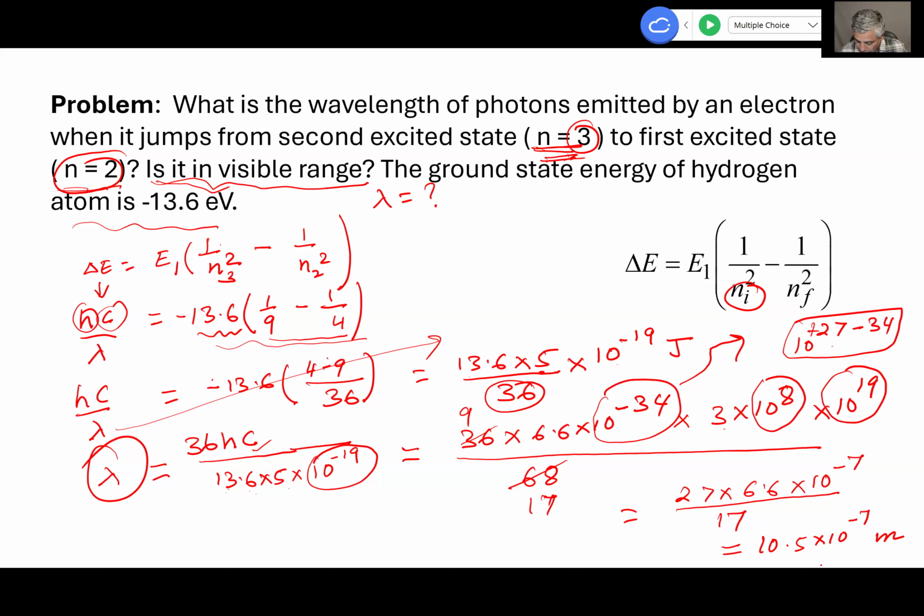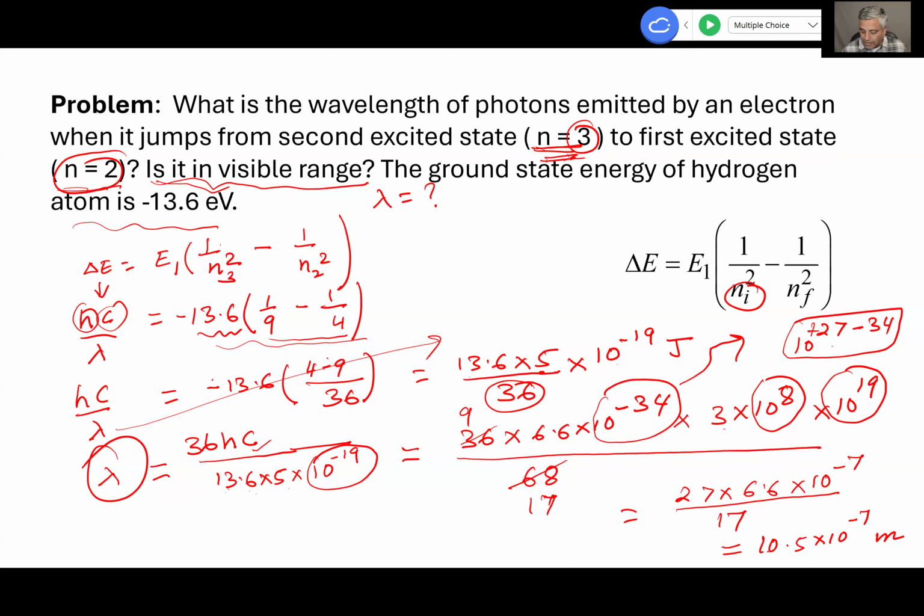Looks like for some reason I am not getting it in the range. Let's see, what do we expect for visible light? Yeah, looks like we are getting into the micrometer region.